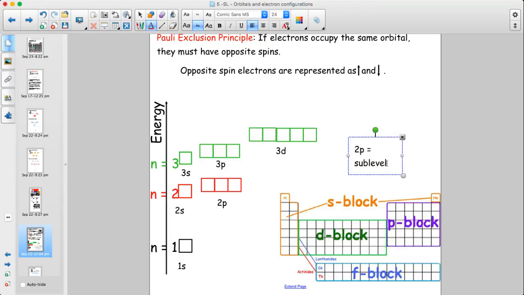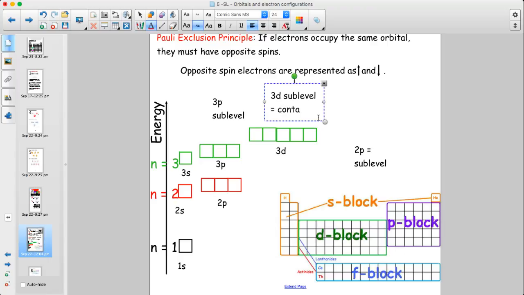Within it, there are 3 distinct p orbitals. The 3p is another sublevel. And the 3d is a slightly higher energy sublevel. And it contains 5 orbitals.